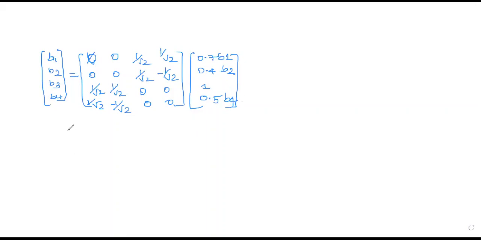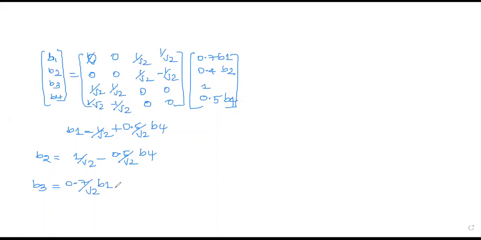So from this, the first equation you will have B1 is equal to 1 by root 2 plus 0.5 by root 2 B4. Similarly, B2 is equal to 1 by root 2 minus 0.5 by root 2 B4. B3 will be 0.7 by root 2 B1 plus 0.4 by root 2 B2.